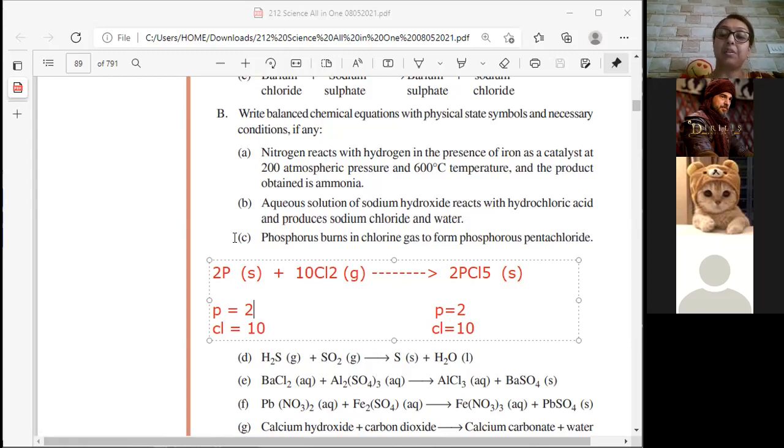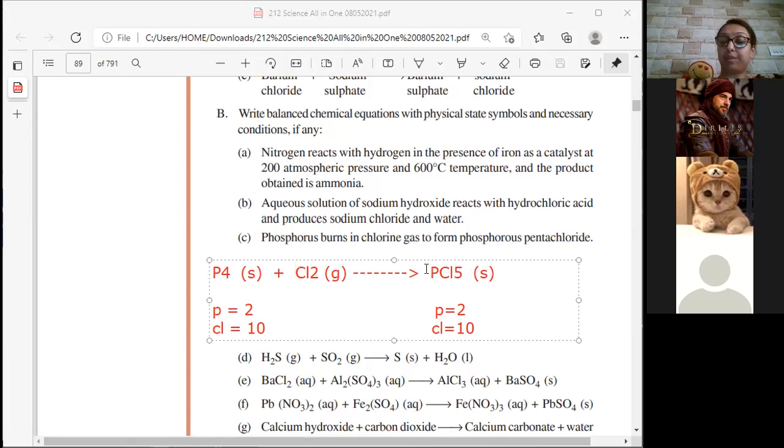Actually, I am only worried about this. Phosphorus is P4, no? We write P4, right? If we write P4 here for phosphorus, just let me check this. Phosphorus plus chlorine will give me phosphorus pentachloride, correct?